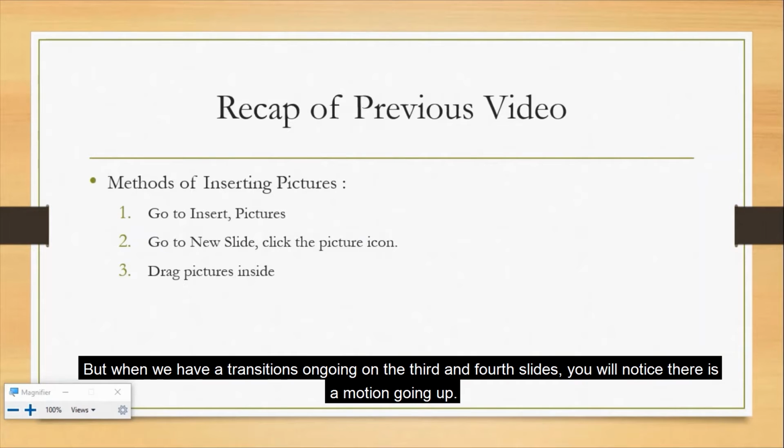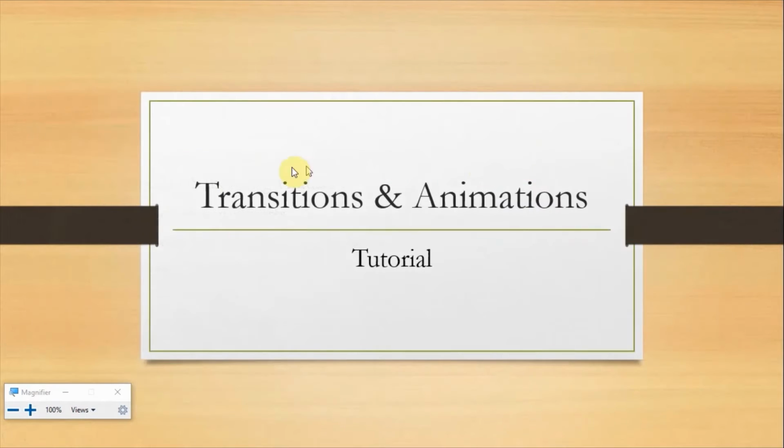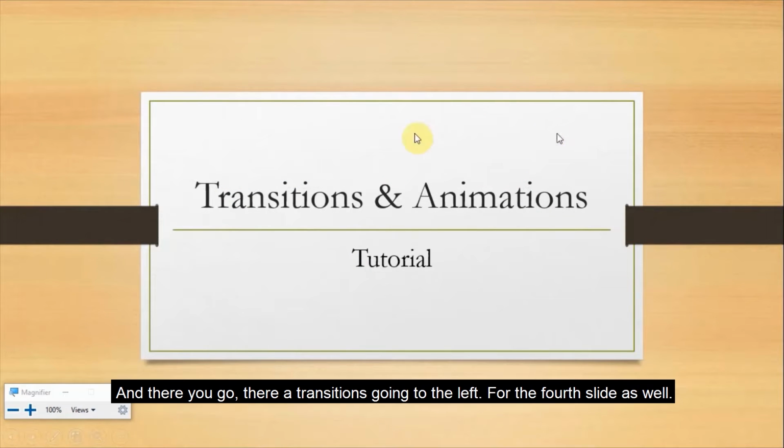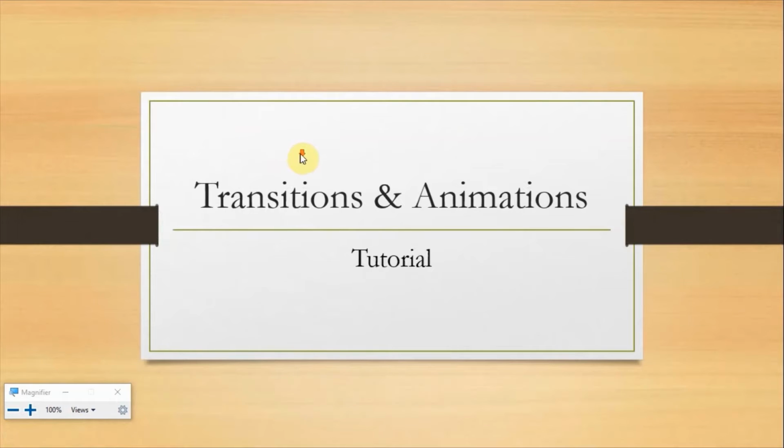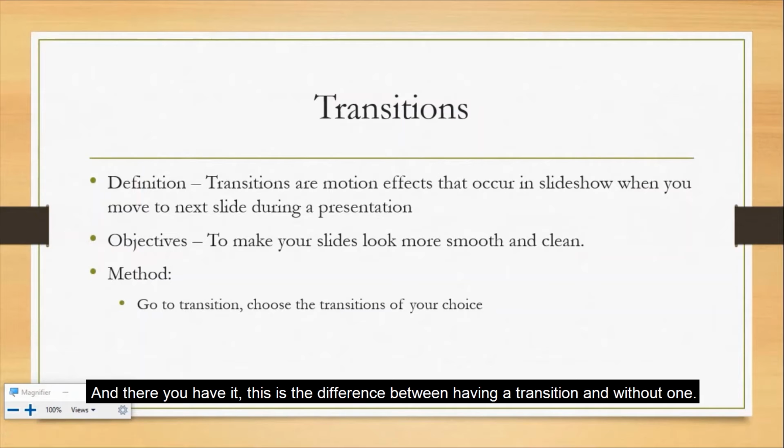But when we have a transition on the third and fourth slides, you'll notice there's a motion going up. Here I'll click to the next one, and there you go, there's a white transition going to the left. The fourth slide as well. And there you have it. This is the difference between having a transition and without one.